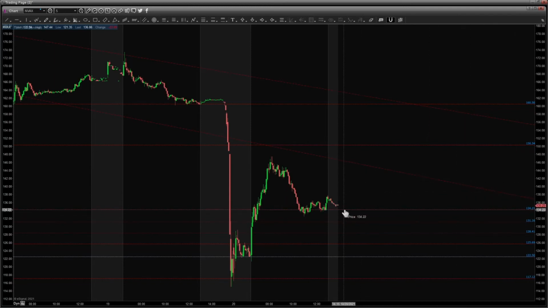If we can hold 134, maybe we're heading back up to 150 or 147.39. If we break below and test from below, we could be heading down to 125 and 122.50 and then 117.